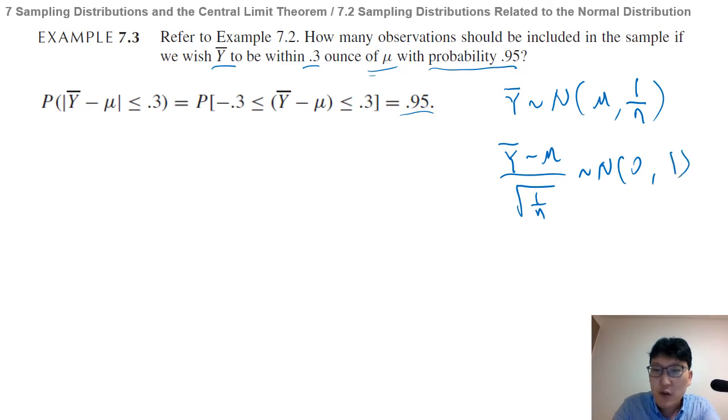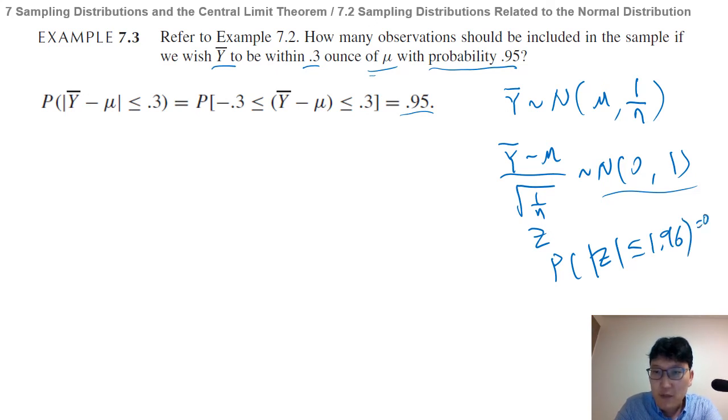We know the distribution function of the standard normal distribution, and we also know that the probability that the absolute value of z is less than or equal to 1.96 is 0.95.